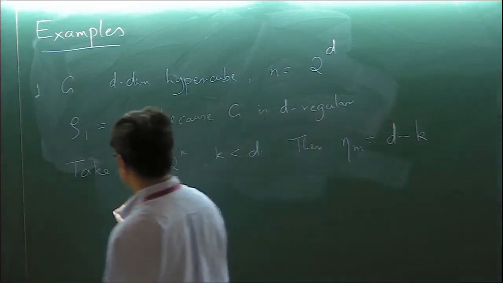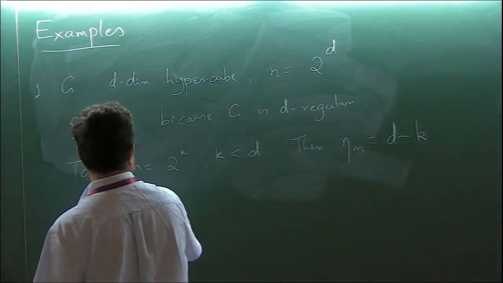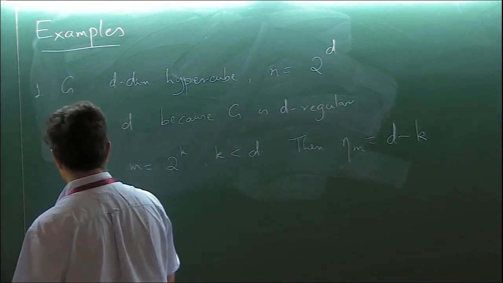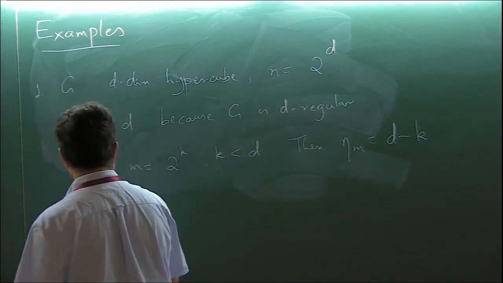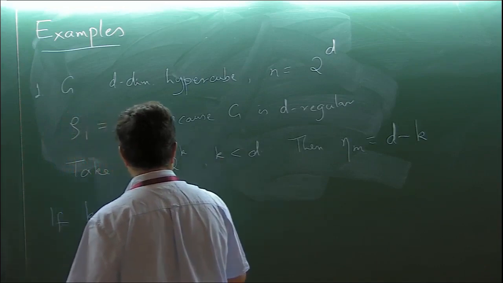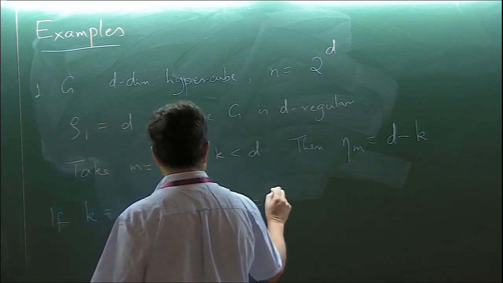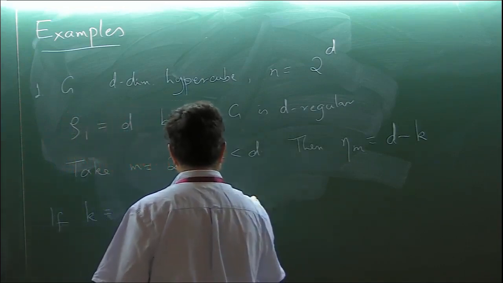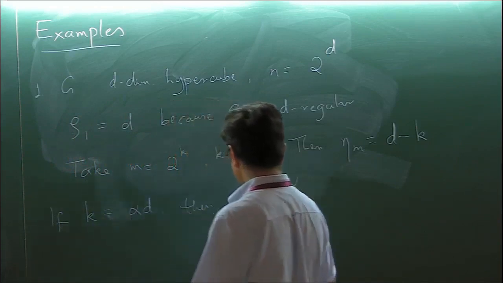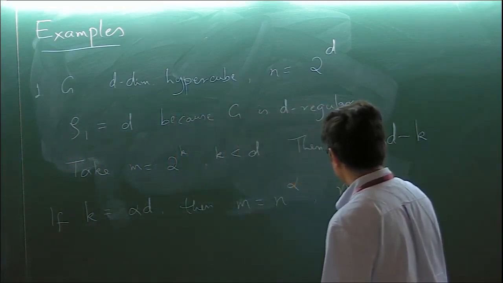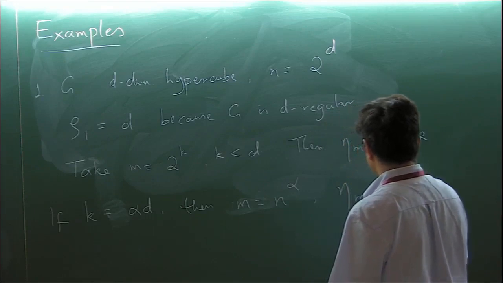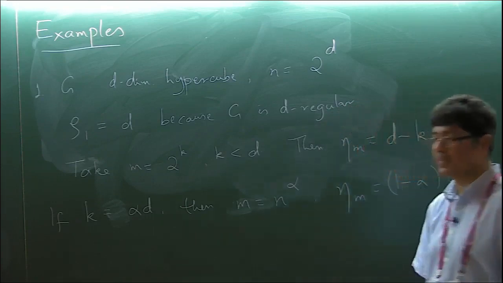So if k is alpha times d, then m is n to the alpha, and eta m is (1 minus alpha) times d.